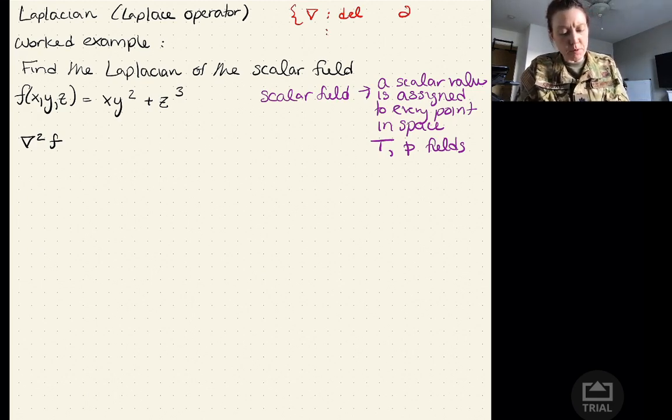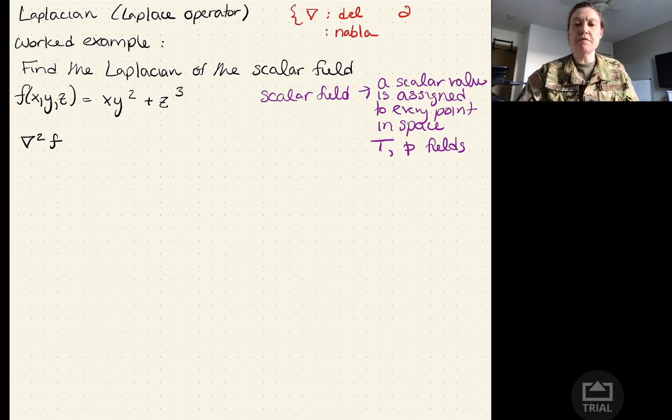The other thing that people will refer to it as is a nabla. And if you double click on any of the equations that I've created in this MATLAB live script, you'll notice that the LaTeX command for the upside down triangle is actually nabla. So there you have it. So let's find the Laplacian of this scalar field.